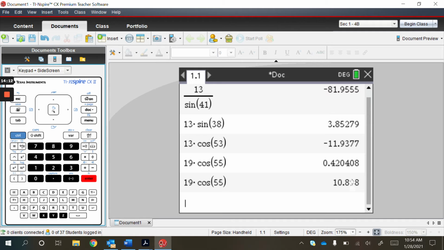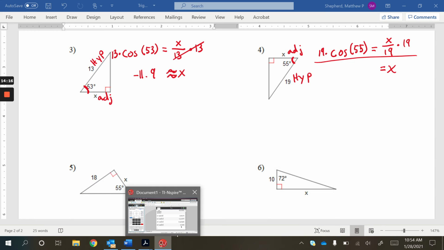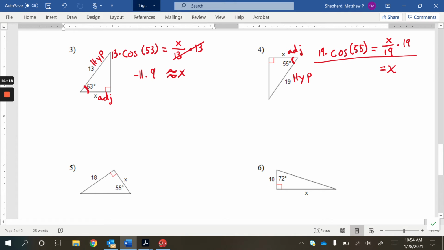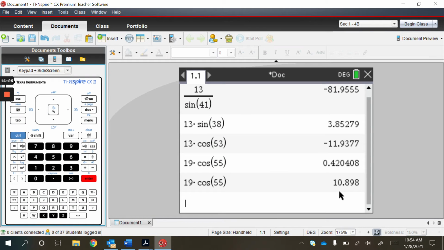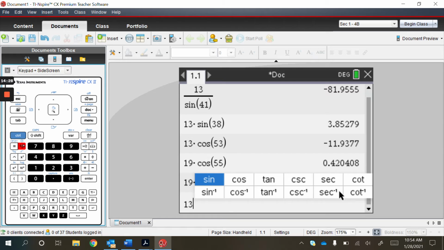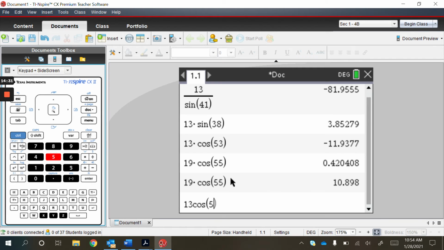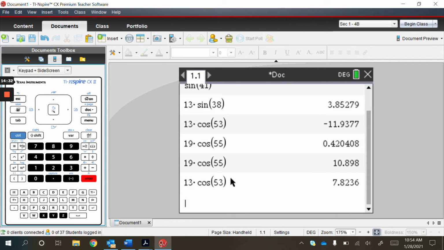All right, so that should be 10.9. And let's fix some of these others. So 13 cosine 53 should be 7.8.